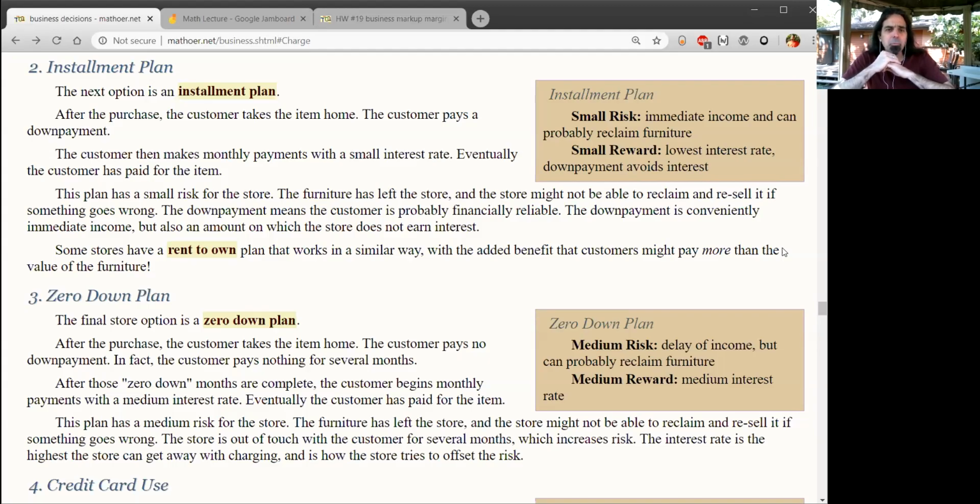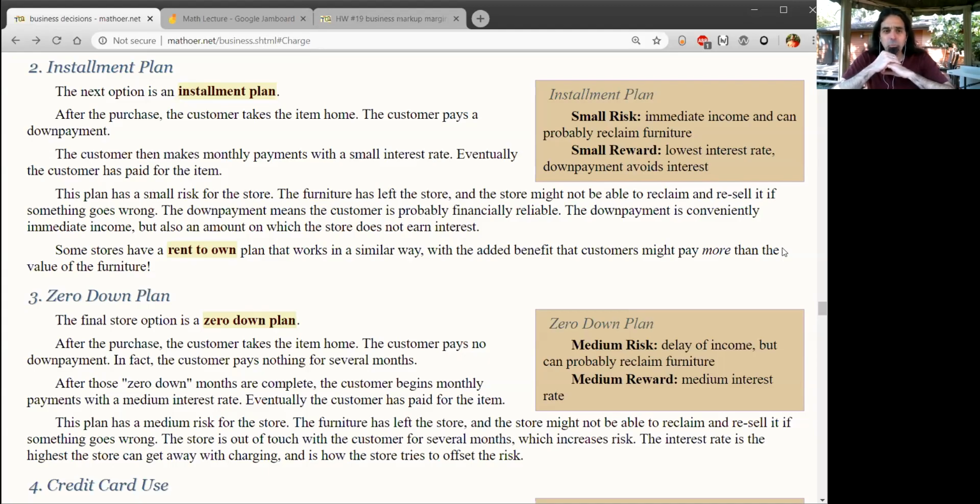And the interest rate can be small because you've made a down payment. So they know they at least have a certain amount of money. They can try and get a replacement item in their inventory to sell to the next person. So kind of there's not that much of a speed bump to their business if you can't pay back for the item.